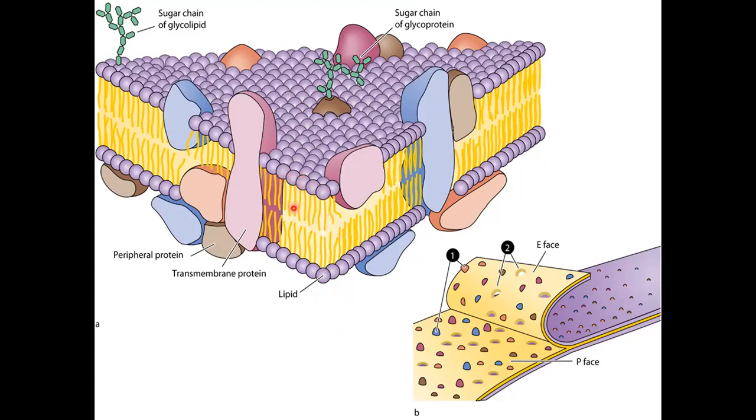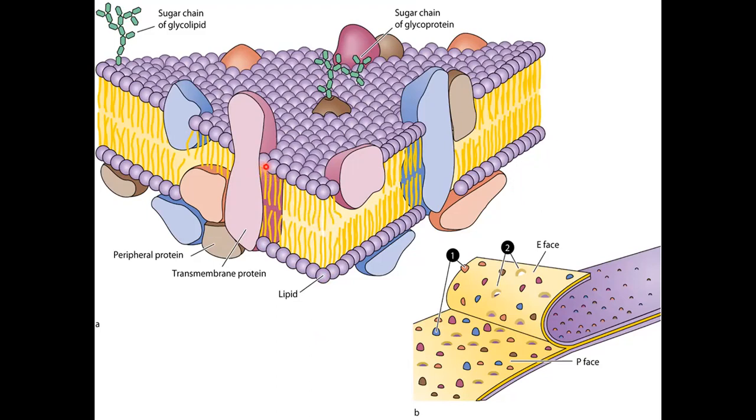This is one layer, that is another layer. Then in the middle here, that's where the tails are found because of the nature of their chemical properties. The heads interact with water, hence hydrophilic. Tails shun away from water molecules, hence hydrophobic, and they will be found in the middle of the lipid bilayer.